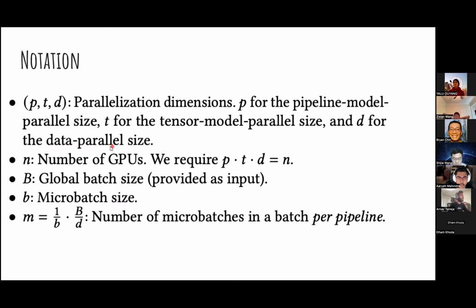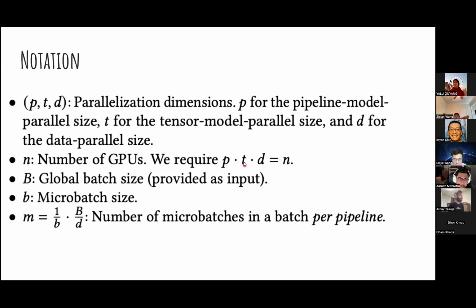The small n here represents the number of GPUs we will be using. In the paper, it has been set up such that P times T times D, the multiplication of all three dimensions, is equal to the number of GPUs being used.